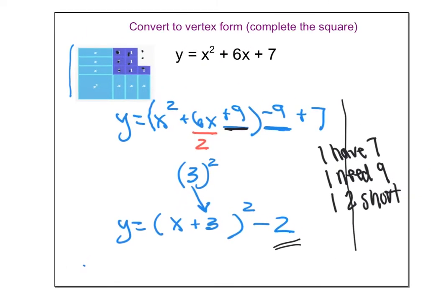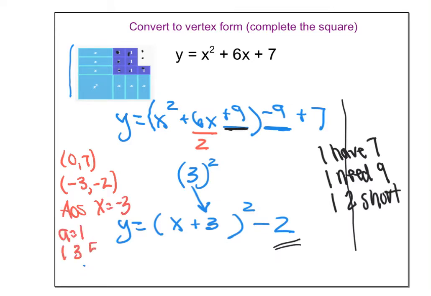Going back to example 1, standard form tells us that we have a y-intercept at 0, 7, but vertex form tells me I have a vertex at -3, -2. I have an axis of symmetry at x equals -3. Since my a value is 1, I have a pattern of change of 1, 3, 5. Since a is positive, it's going to open up, and I'm going to have a minimum value.